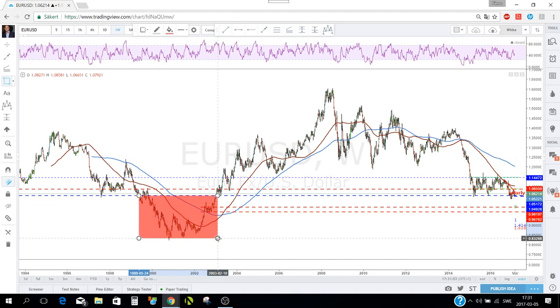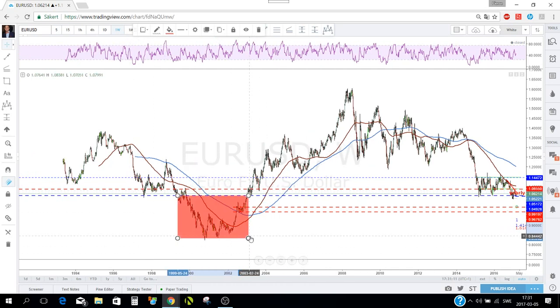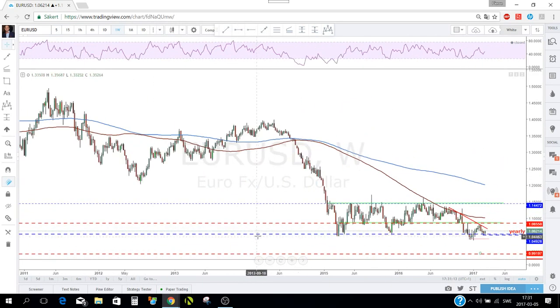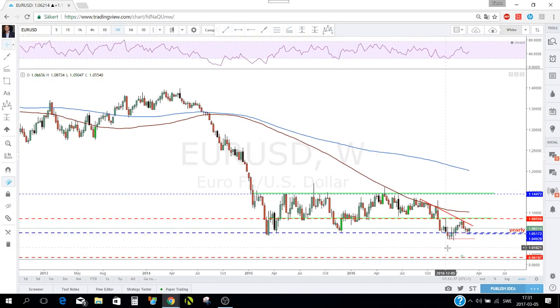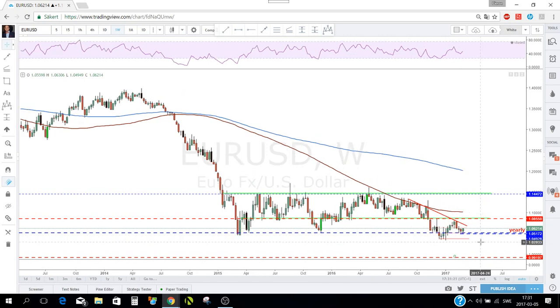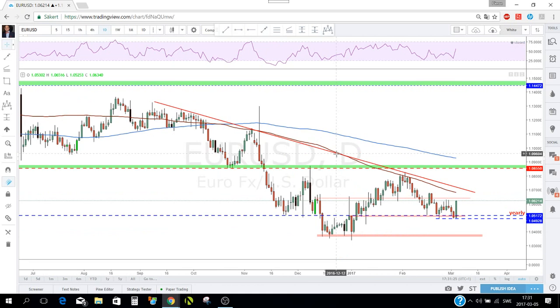As you see, this was the only time price was below this structure here. So of course it's a very good level where we are at the moment, and it shouldn't break, because if this breaks, then there is a strong move to the downside. Anyway, we go back to the daily.